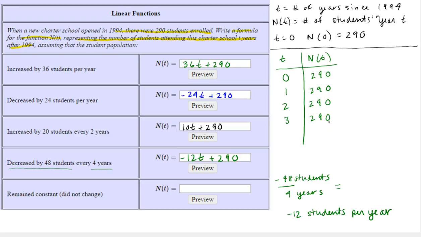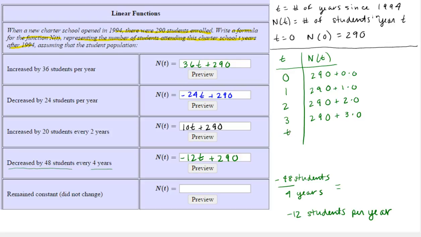But we could think of this as the 0 change. Here it was a change of 12, 10, 24. So here we'd have 0, 0 changes. Here we'd have 1 times 0. After 2 years, it'd be 2 years of 0 change. Here we'd have 3 years of 0 change.